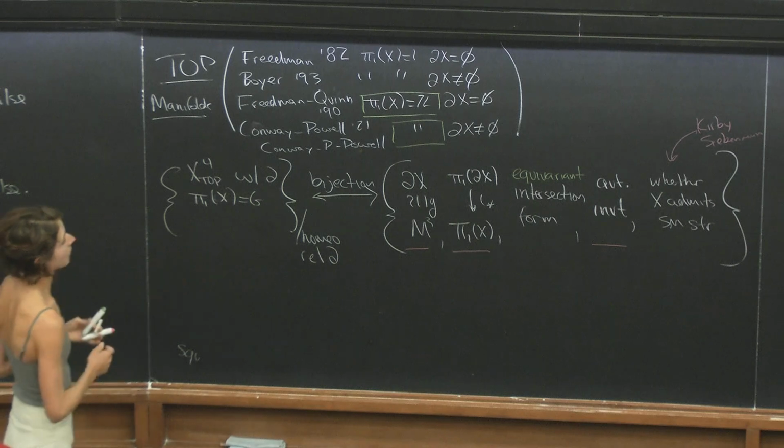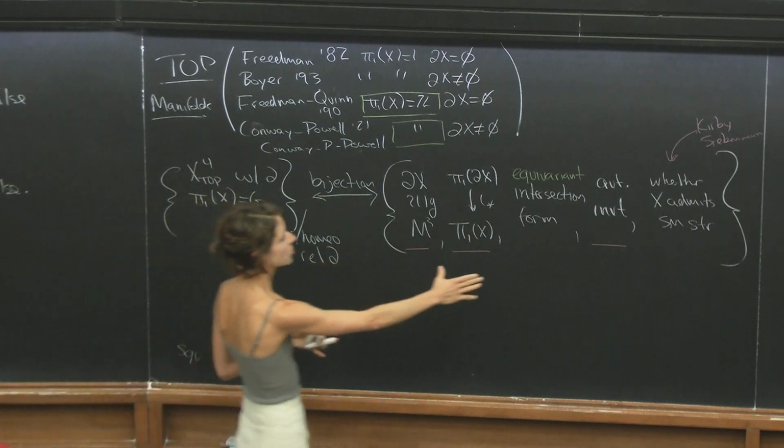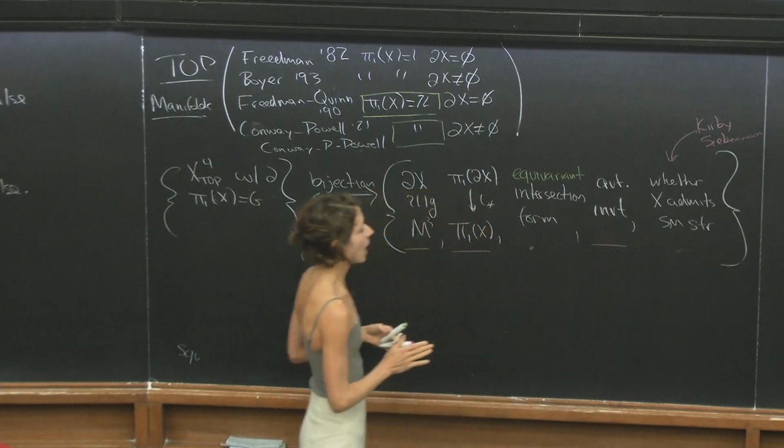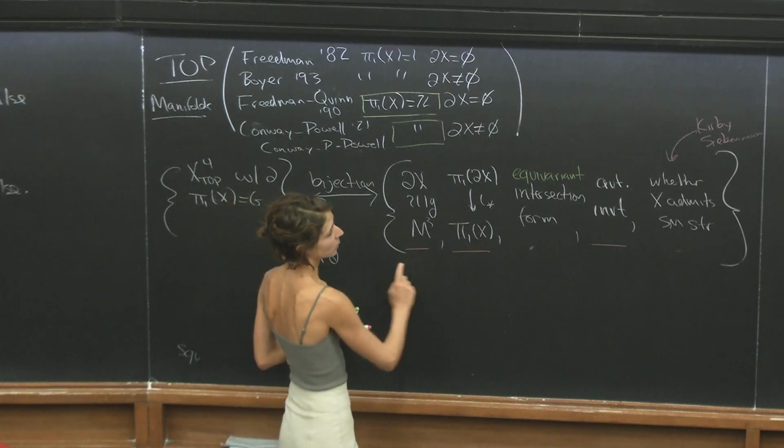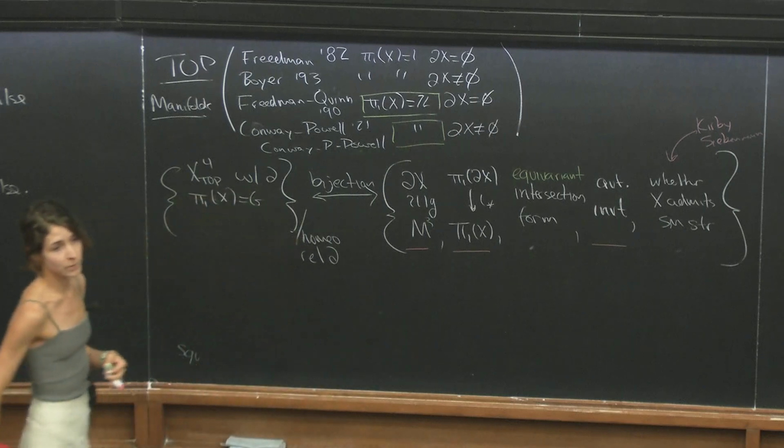So this is the shape of all of the theorems. If you have no boundary, you really just see these two invariants. If you have no fundamental group, then there's no data here either. So Boyer would maybe just have 4, and we have 5 bits of data.